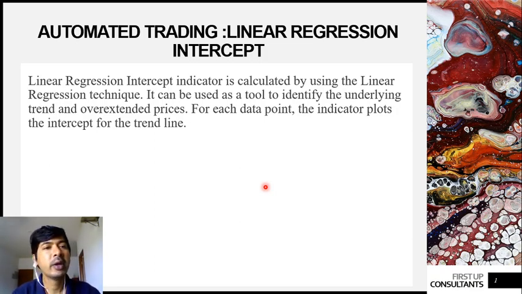Myself Vaibhav. In today's session of automated trading, we will be starting off fresh with this indicator based on the linear regression. This is the linear regression intercept, calculated using the linear regression technique, and we can utilize it as an identifier of the trend as well as of overbought or oversold conditions.